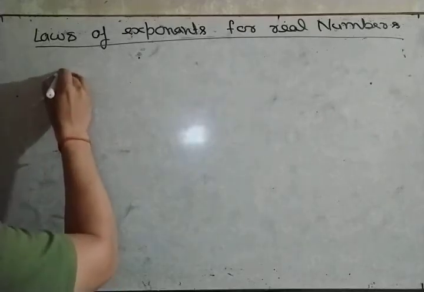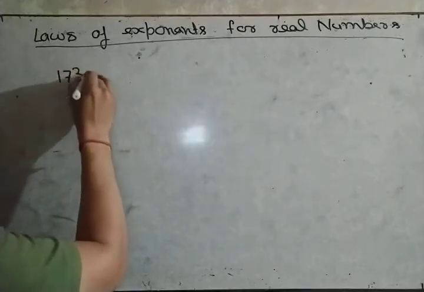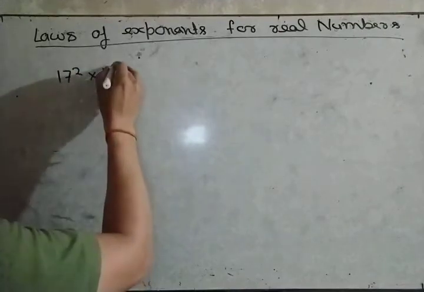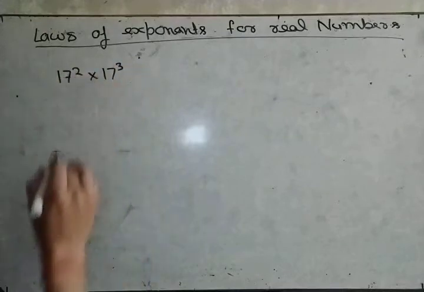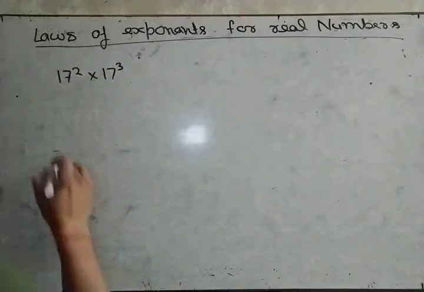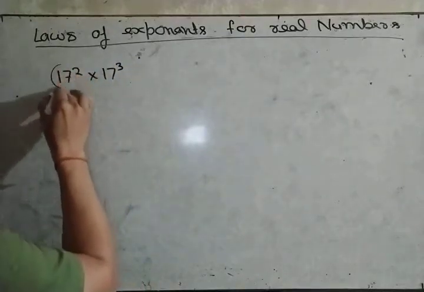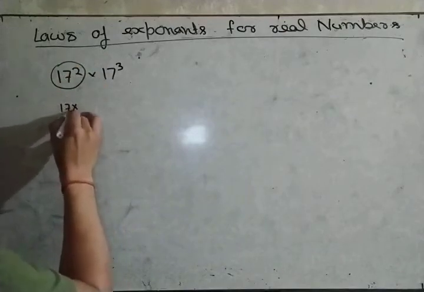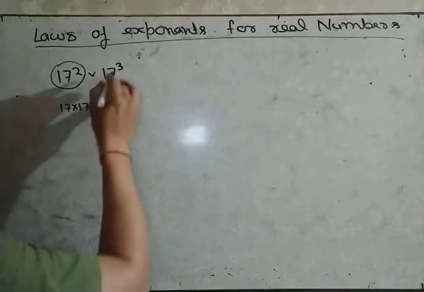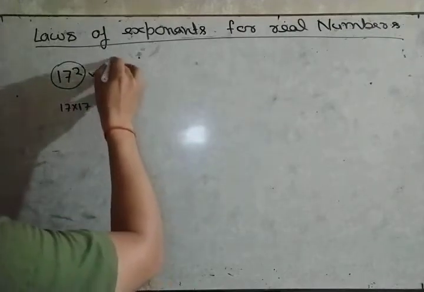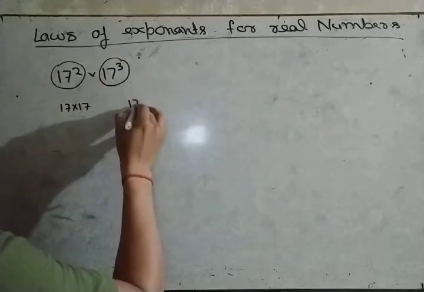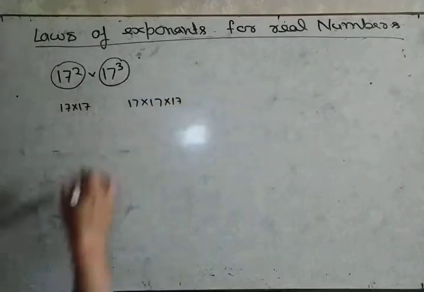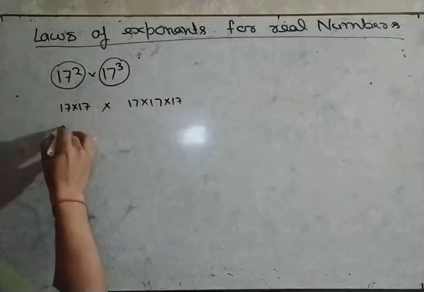Let us multiply 17 squared into 17 cubed. One method is to take the square of 17 and then take the cube of 17 and then multiply.